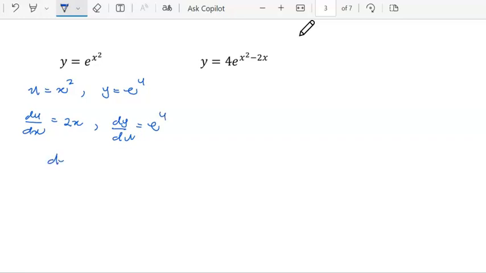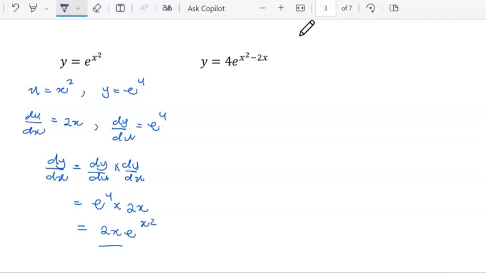So when you use your chain rule, dy/dx is equal to dy/du multiplied by du/dx. You have dy/du, which is e to the power of u, multiplied by du/dx, which is 2x. So your answer is going to be 2x e to the power of x squared. That's your derivative. I'll do one more before I go to the shortcut.